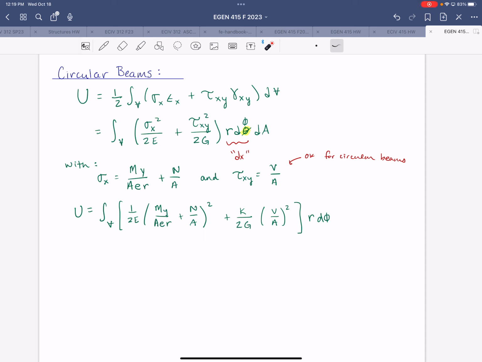So that is part of the, where did that come from? Shear shape factor, we did that in the last lecture. Is that supposed to be part of the shear term though? So it's part of the integral.